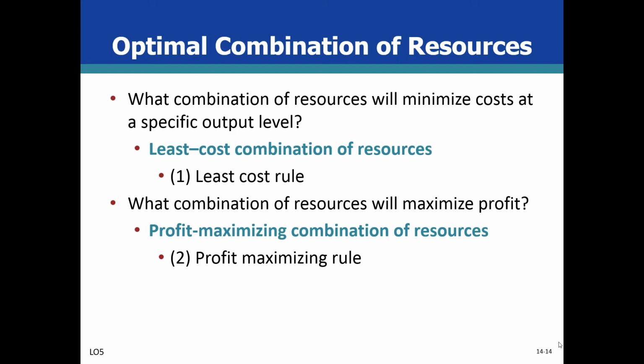So, there's another: what combination of resources will maximize profit? The profit maximizing rule helps us to estimate this combination. Okay. So we have two ways of doing it: the least cost combination of resources and the profit maximizing combination of resources. And we're going to take a look at these individually in the remaining slides.